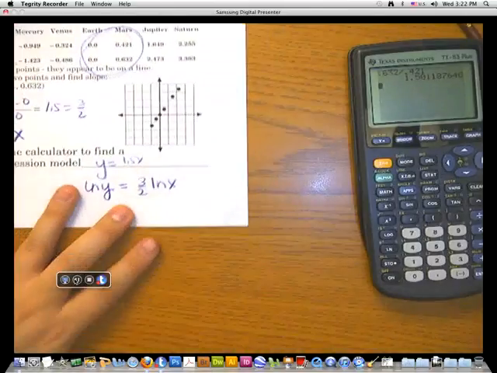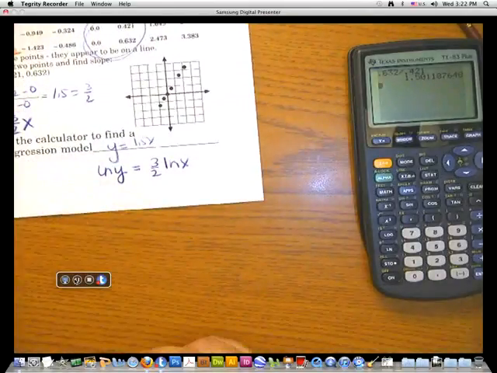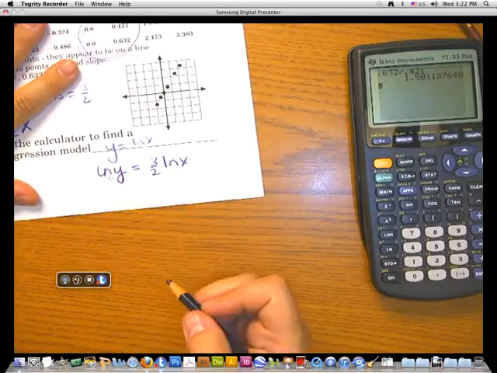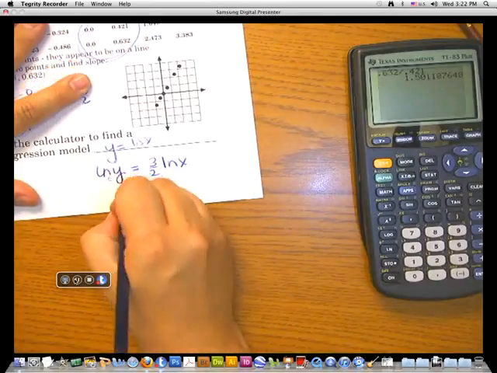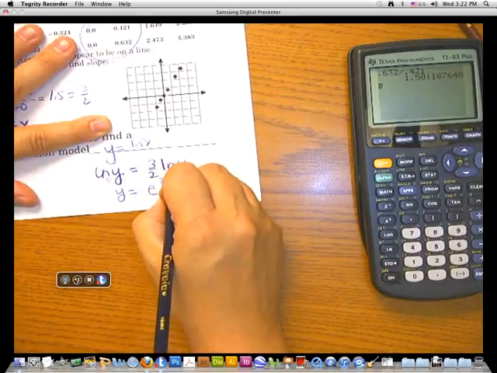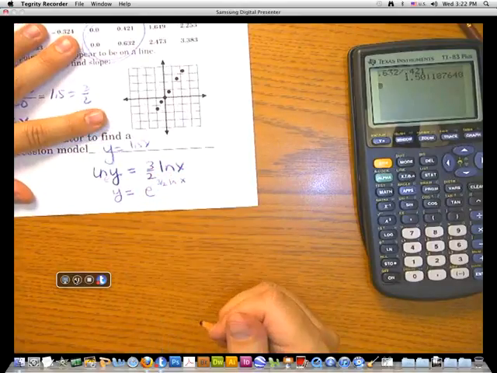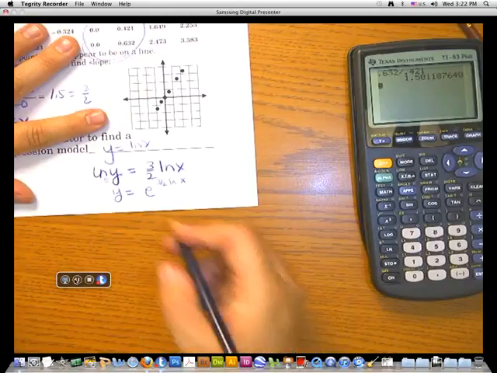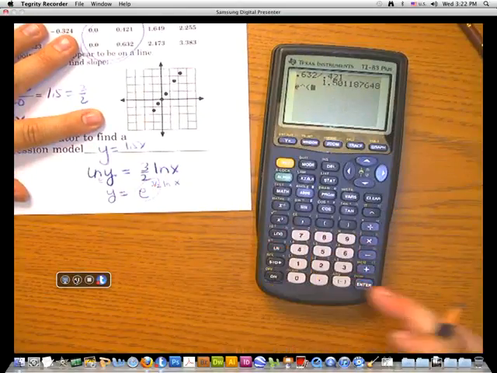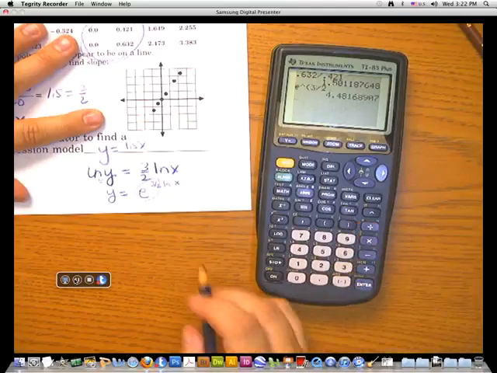So what we have here is we're going to do some algebra. This is my e. It's going to kick up the other side. So y equals e to the 3/2 natural log of x. Well, we know what e to the 3/2 is, because I have a calculator and I can punch that in, e to the 3/2.